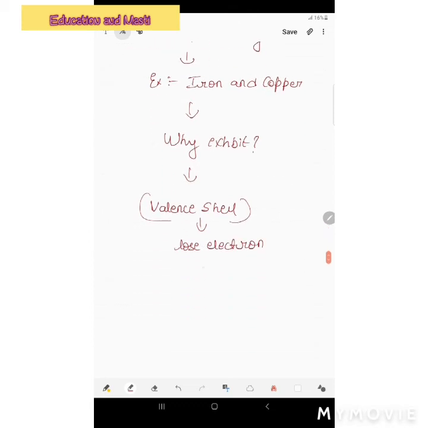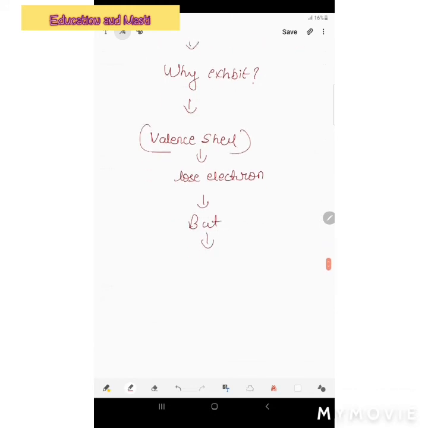But in case of multiple valency or variable valency, what happens? The elements lose electrons from the penultimate shell, that is the second last shell. They lose electrons from the penultimate shell.